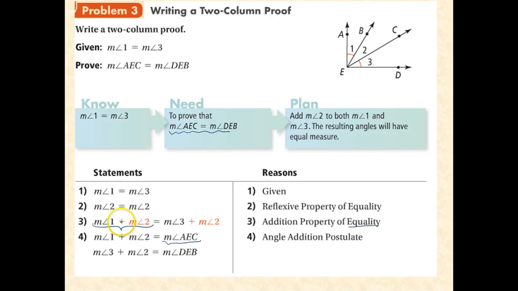Wait a minute, there is such a property. It is called the substitution property. Since the measure of angle AEC is equal to this sum, I can substitute it in there. And since the measure of DEB is equal to this sum, I can substitute it in there. So now I have the measure of AEC is equal to the measure of angle DEB.